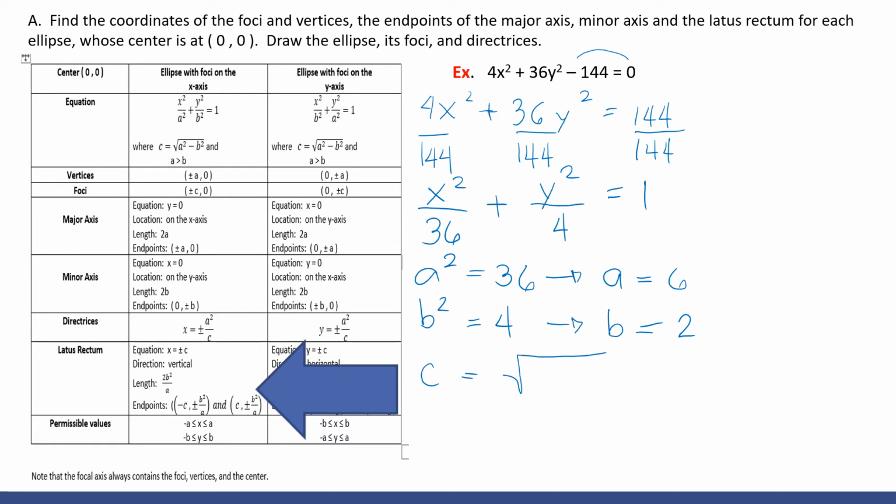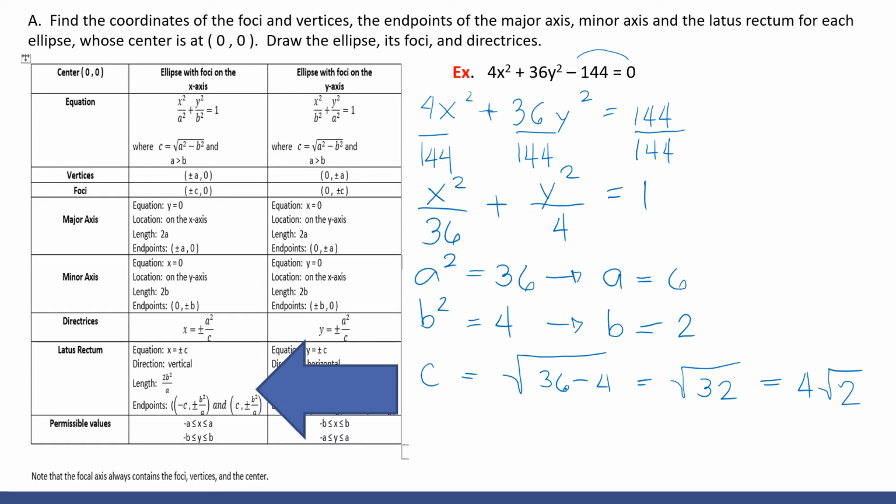The square root of the difference between a squared and b squared. So that is 36 minus 4, which of course is equivalent to the square root of 32. And square root of 32 in simplest form is 4 square root of 2.